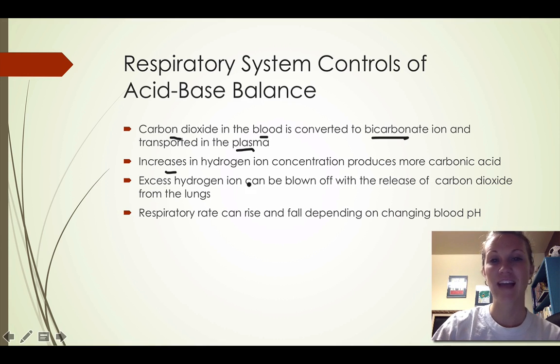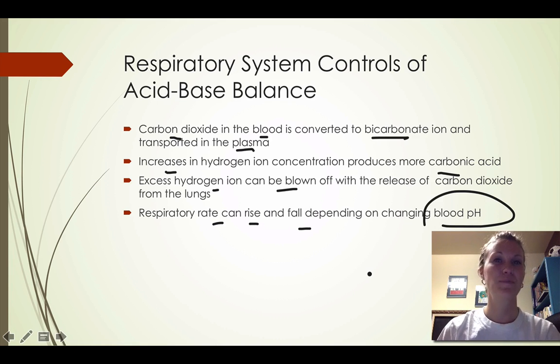So it'll increase the hydrogen ion concentration, which produces more carbonic acid. The excess hydrogen ions can be blown off, meaning that you exhale them, and then respiratory rates can rise and fall depending on blood pH levels.